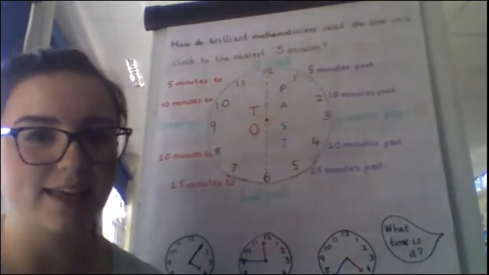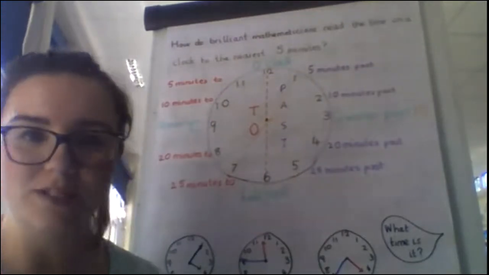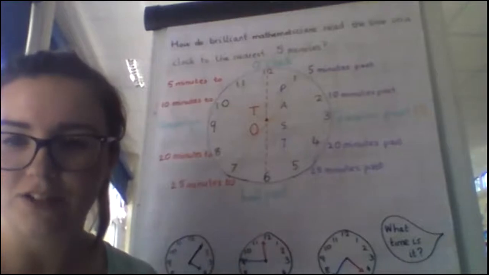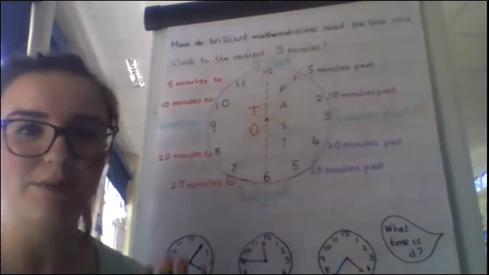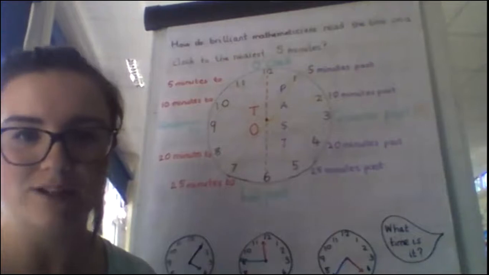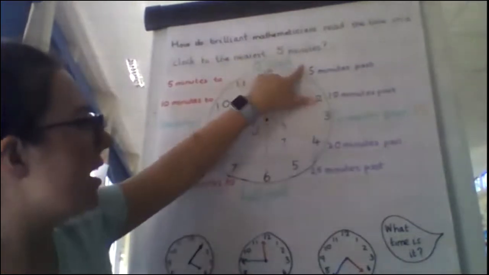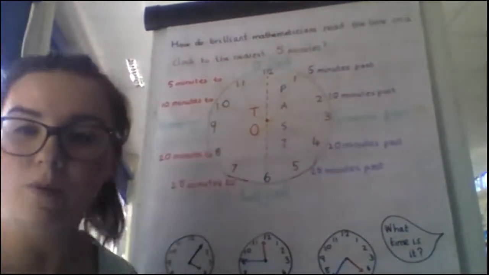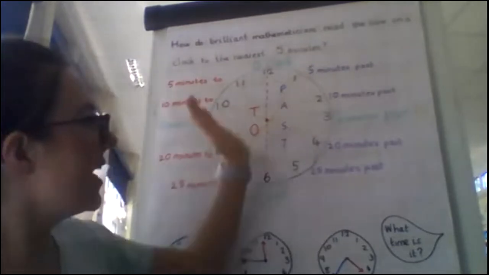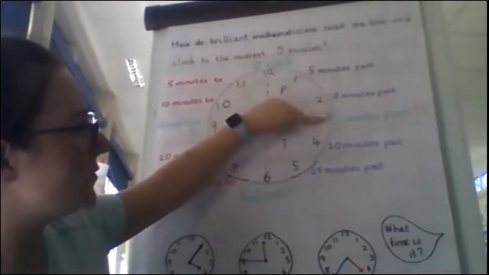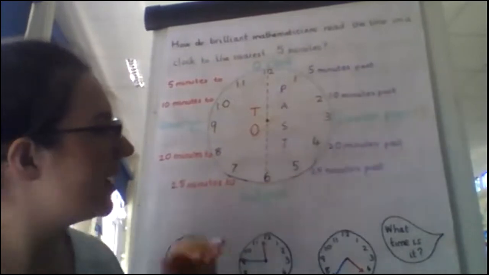And then we started thinking into 5-minute intervals. Now, the reason why I looked at Mrs. Crab's flip chart and thought it was so brilliant is because she's labelled it really easily for us to have a look at. So on this side of the clock, we're working past the hour. So that's why all the 5-minute intervals, they've all got past on the end of them.